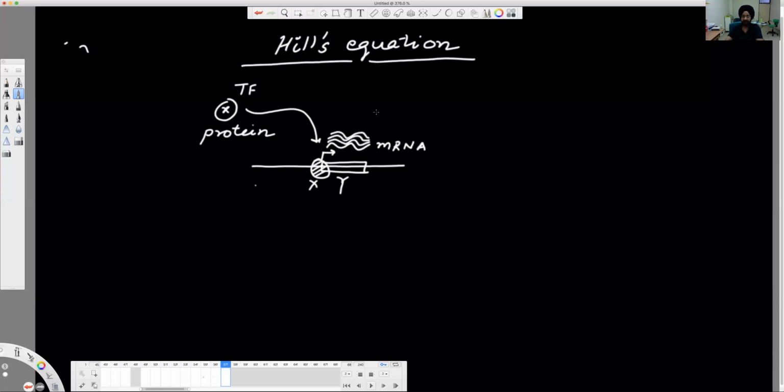And let us assume for the time being, for simplicity, that this RNA will make protein through translation, and that is proportional to the number of copies that we have at the mRNA level. If there are 4 copies there, we'll get 4 copies of protein Y. Okay, this is your protein Y.